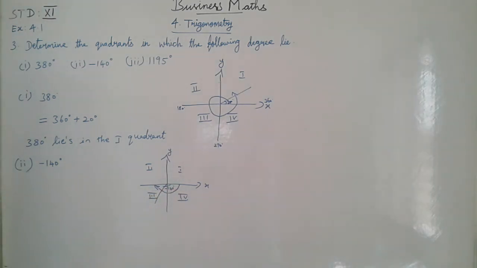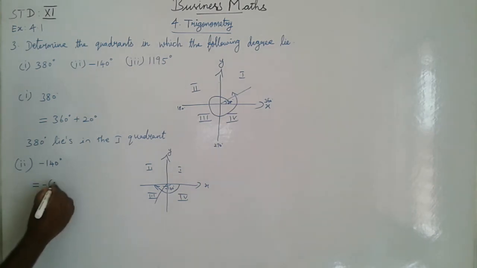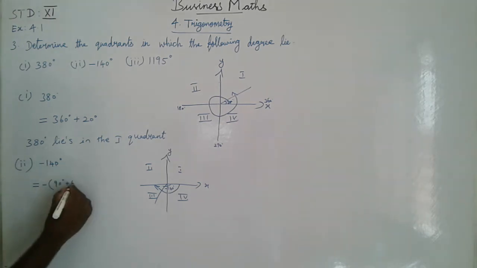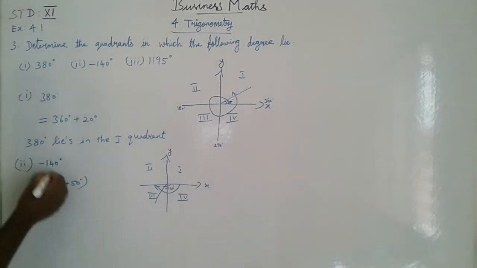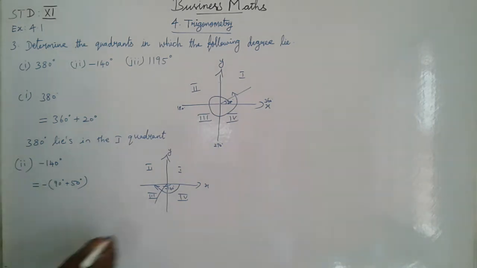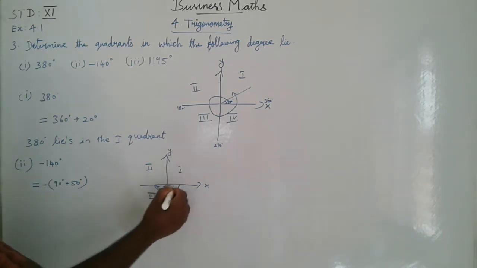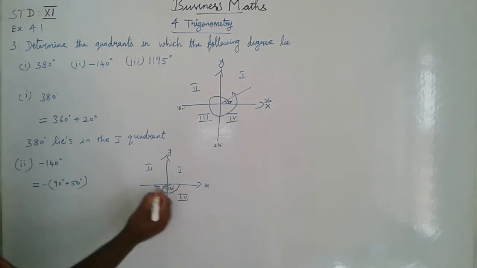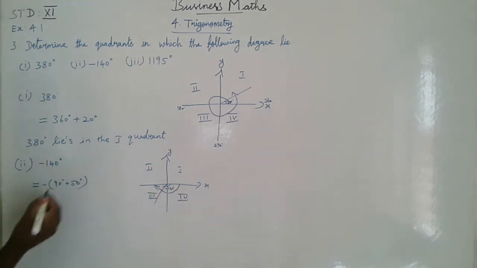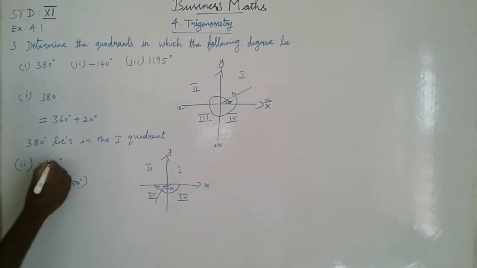So minus 140 degrees is in this place. We should write it like this: minus of 90 degrees plus 50 is 140, minus 140 degrees. This is the opposite direction, anti-clockwise. We should rotate this degree. So 90 degrees plus 50 degrees is 140 degrees.